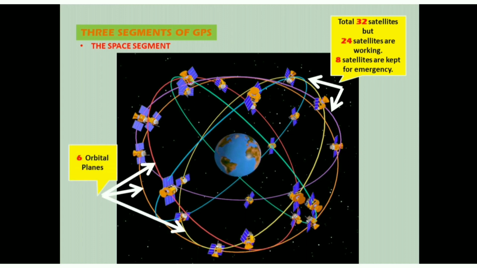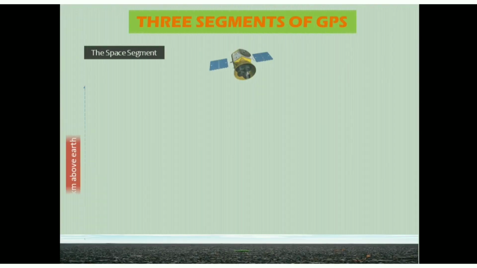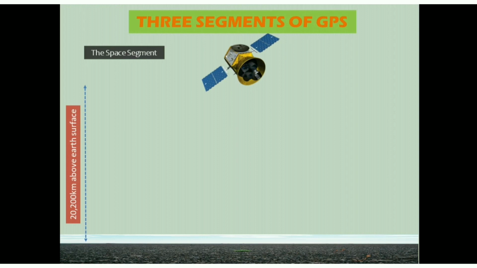In one orbital plane, there are 4 satellites. Each satellite is limited to only 10 years, as I said previously. The satellites are 20,200 km above the Earth's surface.